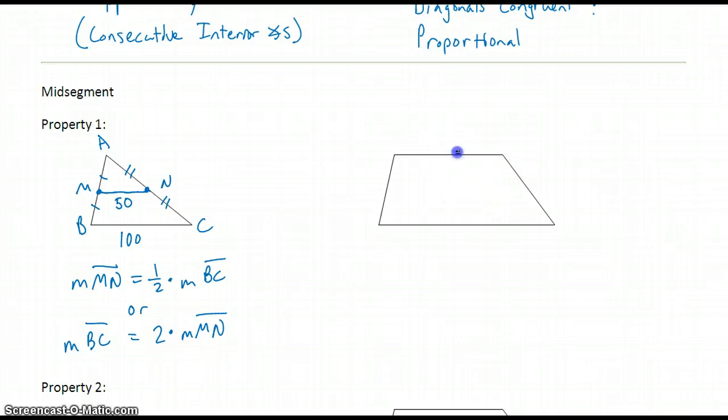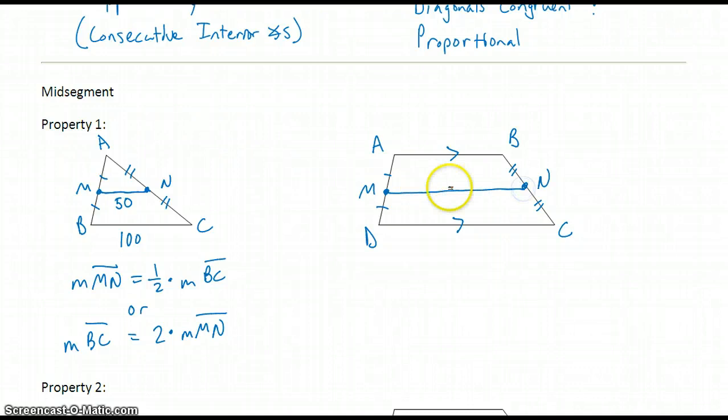If we have a trapezoid, and I'm going to call this trapezoid A, B, C, D, the midsegment has to connect the midpoints of the two legs of the trapezoid. So if I connect M to N, I have a midsegment.